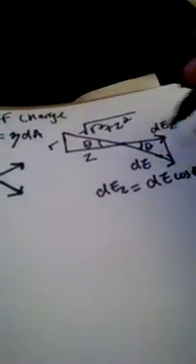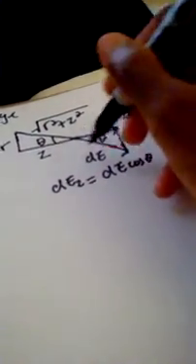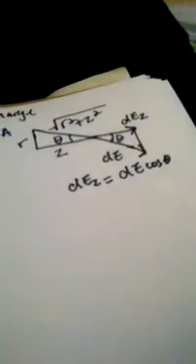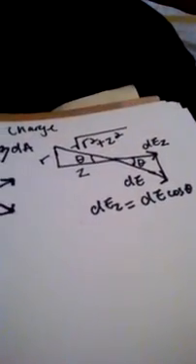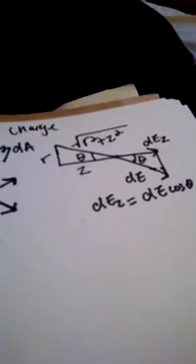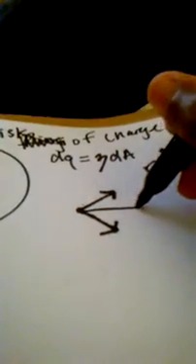And so that dEz, the z component, is just equal to the total field times the cosine of the angle. So that's what we're going to use when we're finding the electric field along the axis, because we know that when we take everything and add it up, we're only going to end up with something along this axis, or along this line. So that's what the net electric field is going to look like.